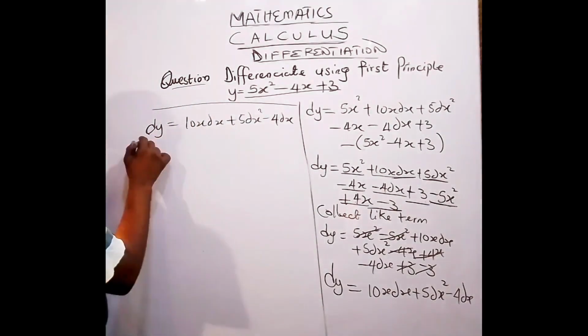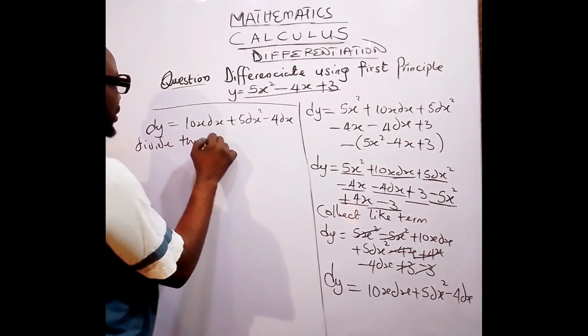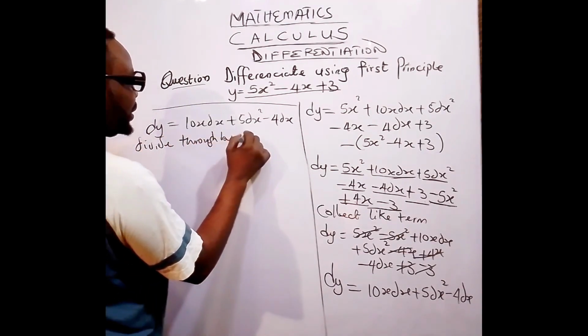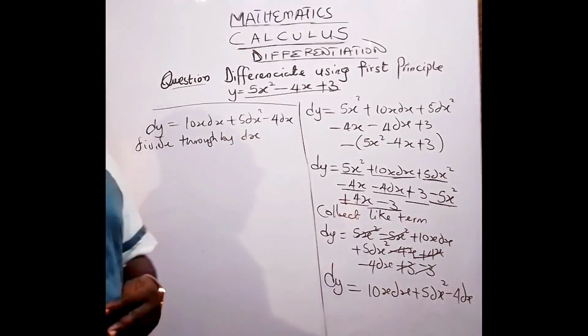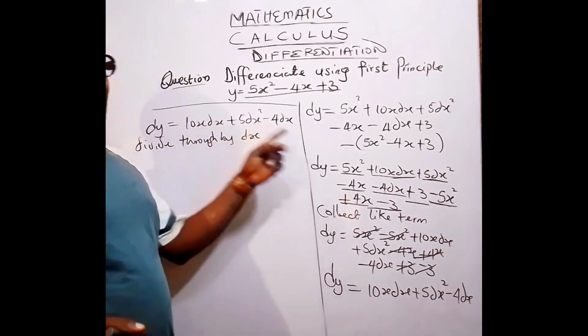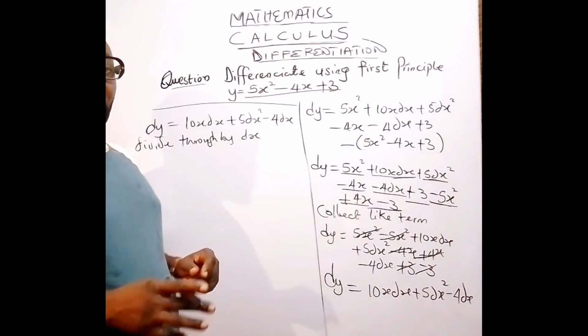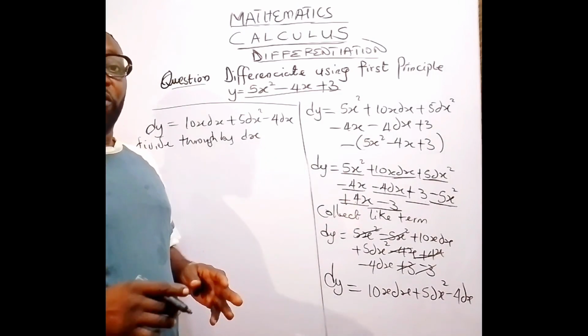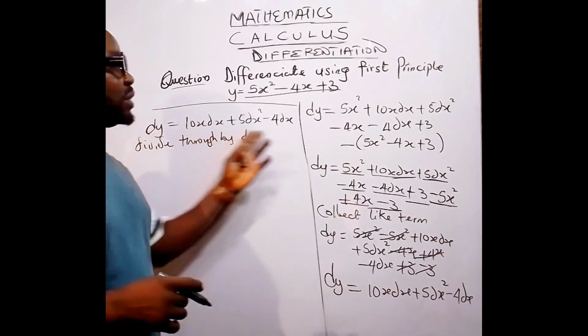So you can now say divide through by dx. When I say divide through, I mean each of the terms that are separated by positive and negative signs, each of them will be divided by dx. That's what I mean by divide through. If I say divide both sides, then I will have dx over here, then dx over everything here.